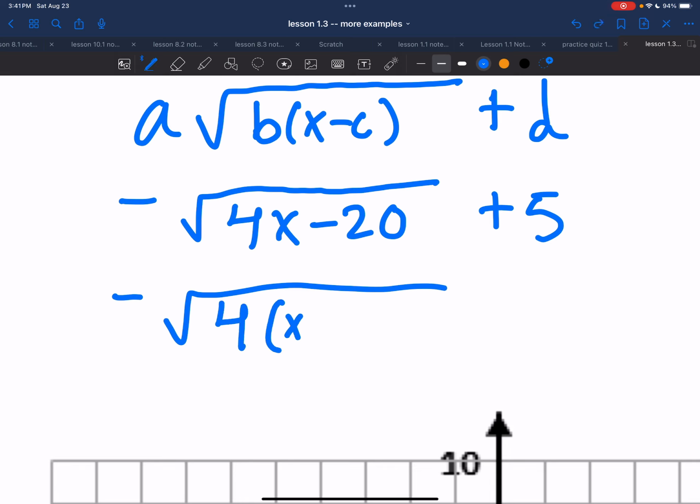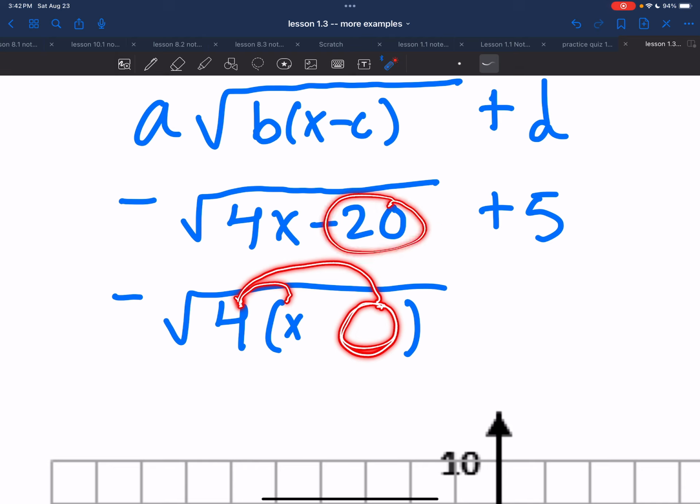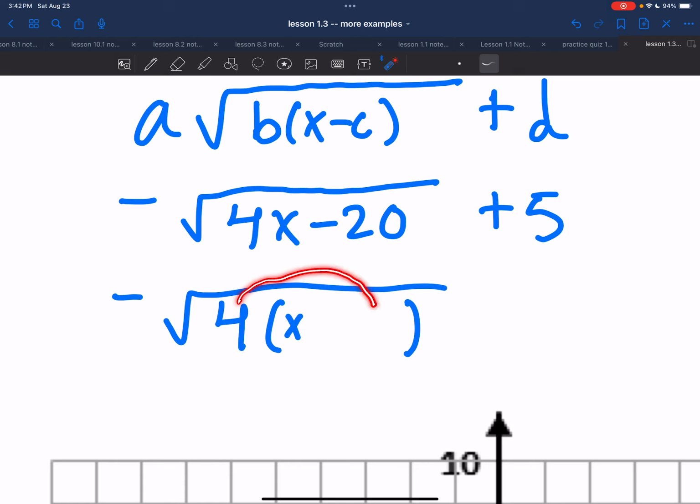But then what would 20 become? Because it's not going to stay 20. It's going to change because this 4 multiplies x, but then it also multiplies whatever this number is. So you just have to ask yourself, if you pull out 4, which is to say you factor out 4, what does 20 become? Well, thinking forward, 4 times negative 5 would get you negative 20. So that's what goes in there, minus 5. And then there's my plus 5 at the end.